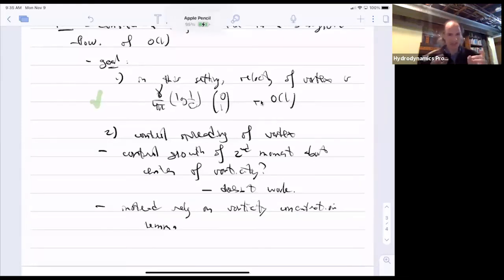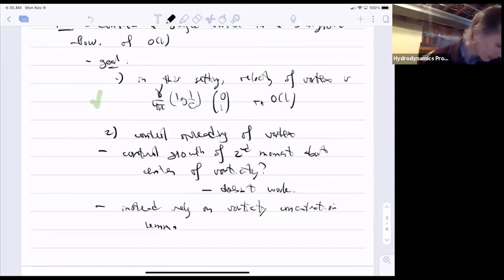And that gives you much weaker information. So this second moment bound says that the second moment is order epsilon squared. Good, it's small. But this is much weaker.